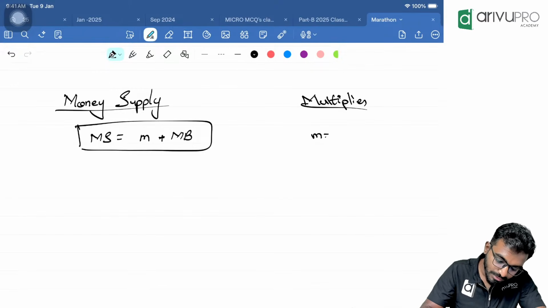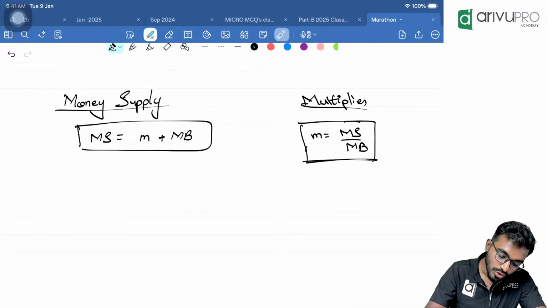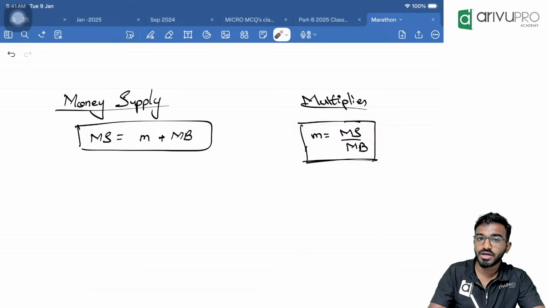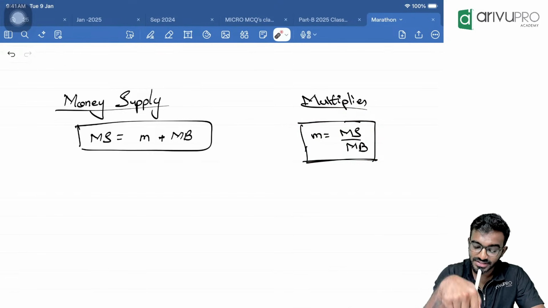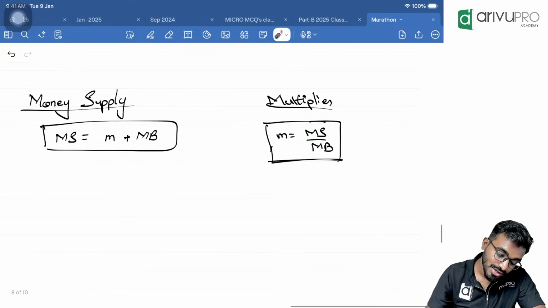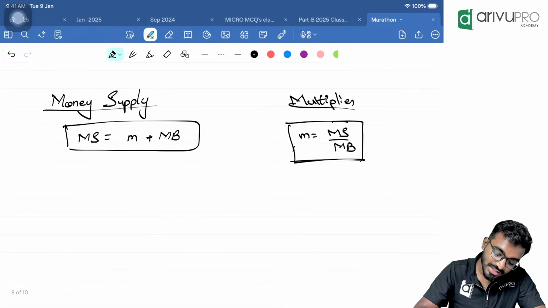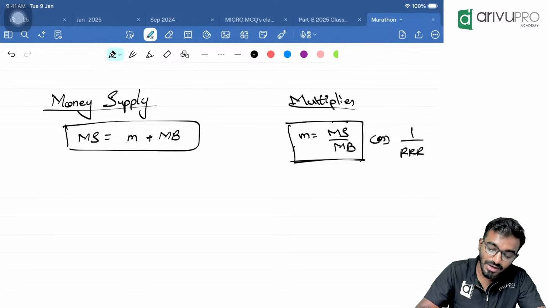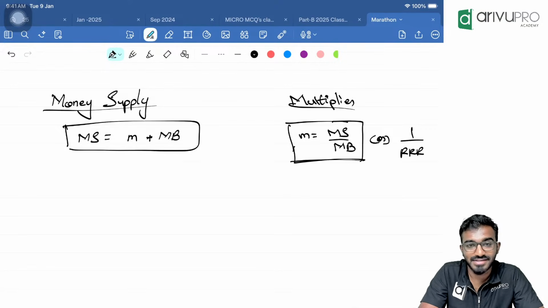Small m is equal to MS by MB. This is what you have to remember most for numerical problems that come in the exam. Or, from the simplest perspective, remember the reciprocal of RRR, the required reserve ratio. That's it.